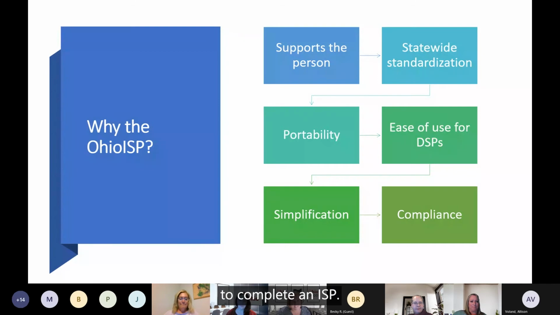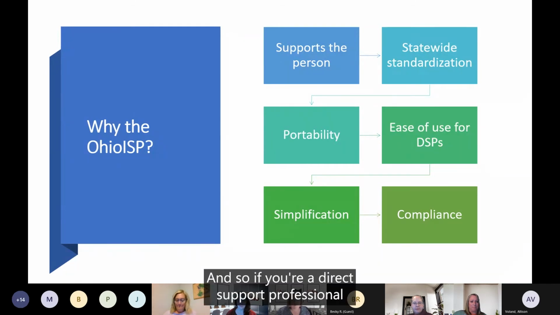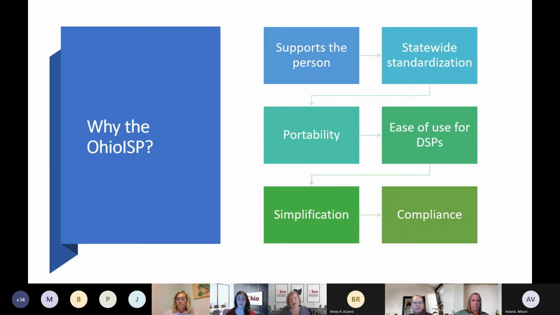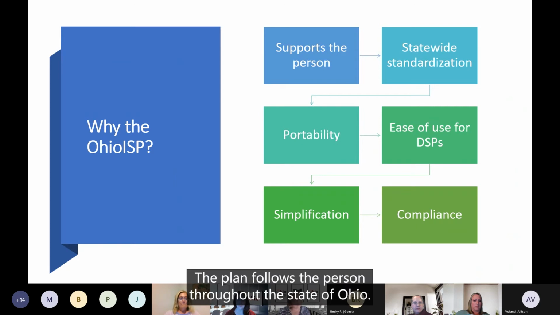And so if you're a direct support professional working for an agency in multiple counties, you would have to learn multiple ways of looking at an ISP. And so this allows for more efficient county to county transfers. The plan follows the person throughout the state of Ohio.